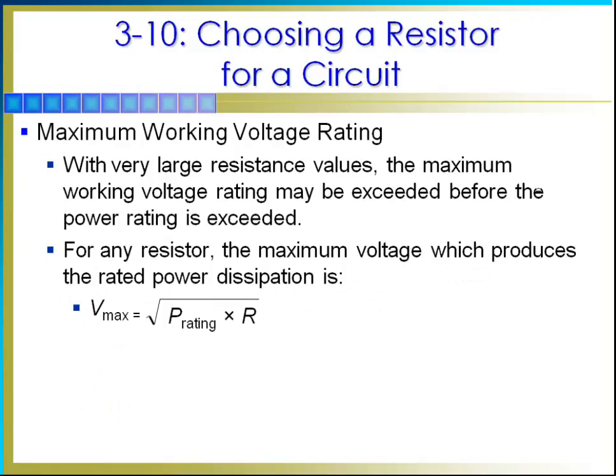Okay, but in general, we can work in this range here. Your maximum working voltage for a circuit is going to be the square root of the power rating for the resistor times the resistance.